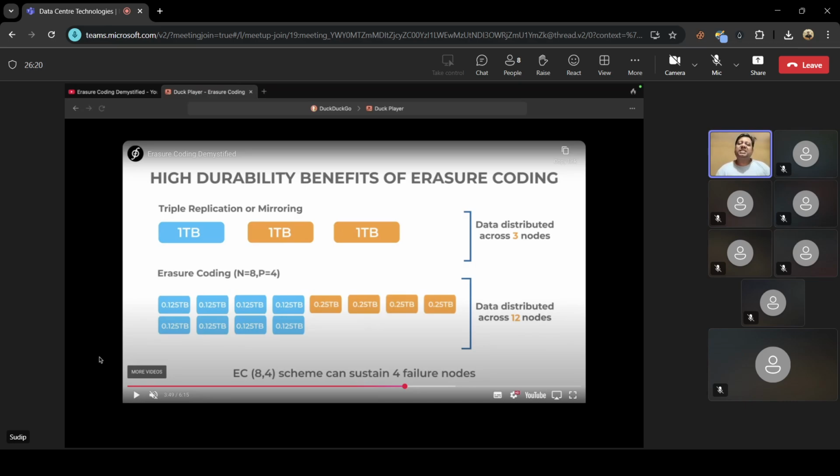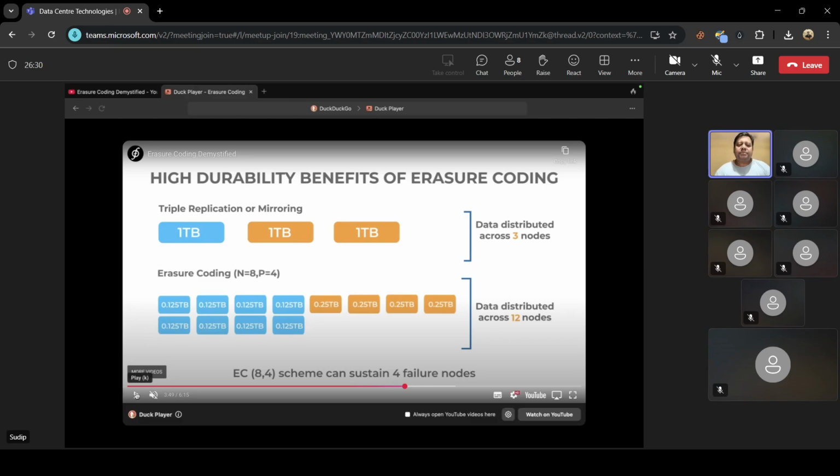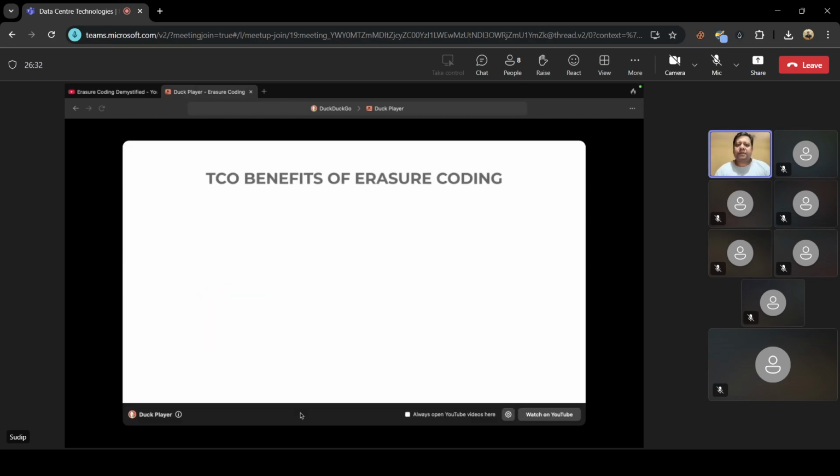People are expecting 6 nines, 7 nines, 8 nines, 9 nines availability, which means absolutely no data loss is acceptable. That is where erasure coding comes into the picture.